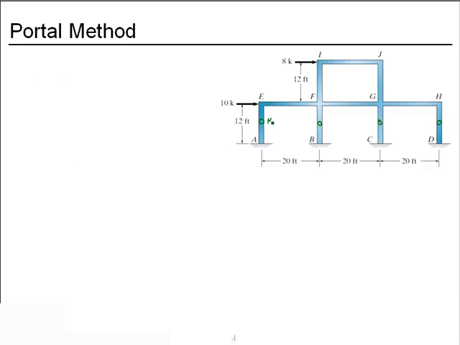I'll label these K, L, M, N. Mid-span of the beams, P, Q, R. Mid-height of these columns, S, T, and mid-span of this beam, U. Now let's distribute shear to the columns.